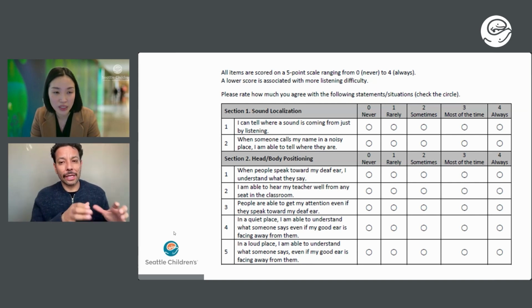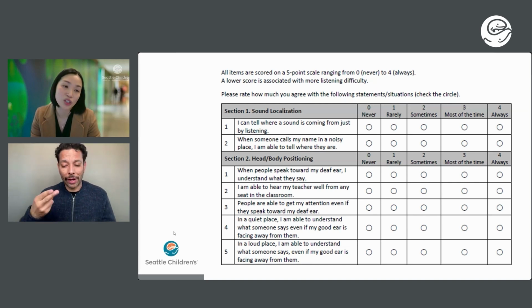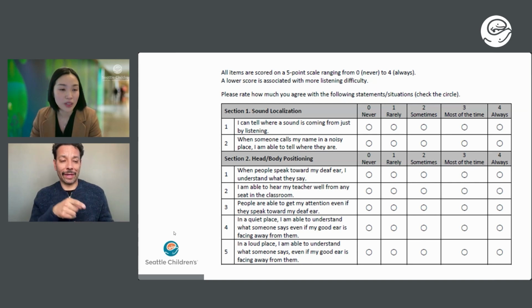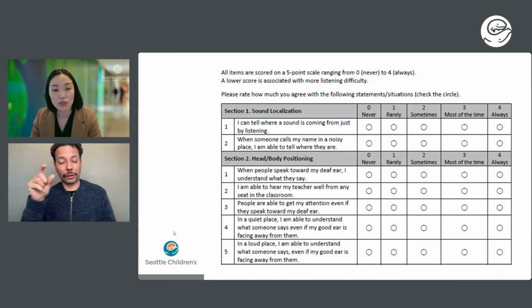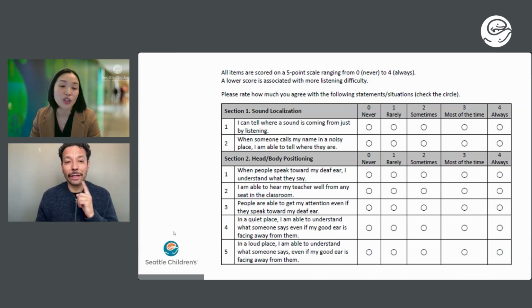Section 1, sound localization, of course, is something very relevant for kids with unilateral hearing loss because it can be difficult. Section 2 talks about head and body positioning, and I really like this section because if you see these 5 items below that header, there is reference to the deaf ear versus the good ear.